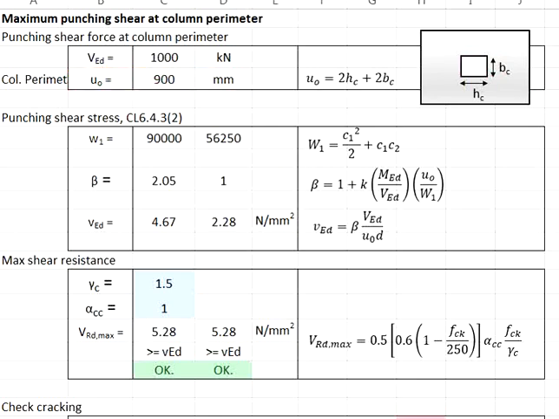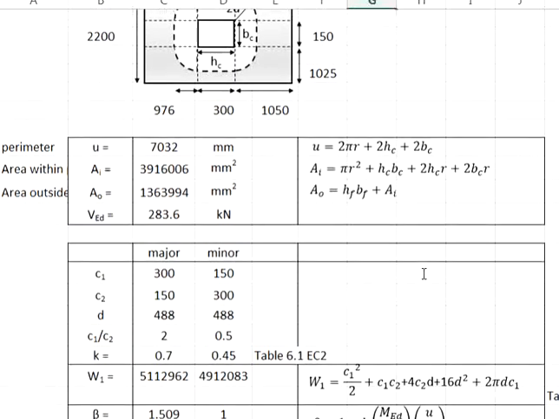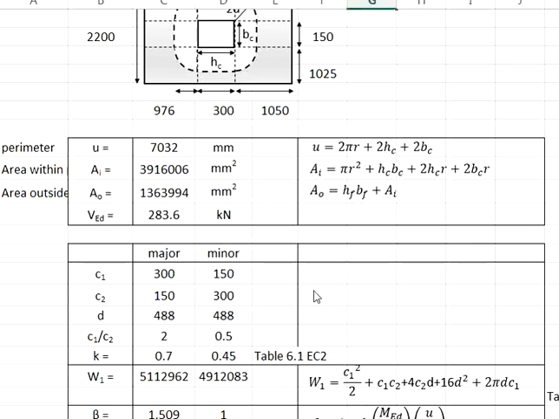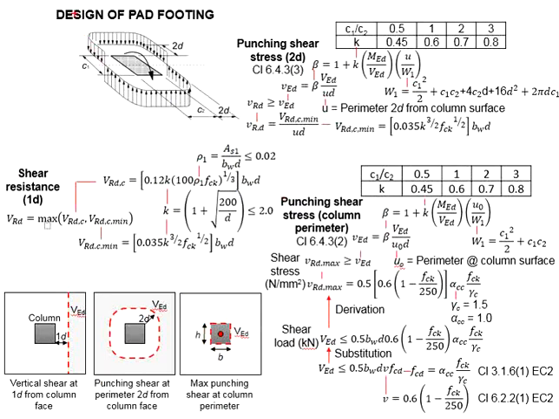And then we need to calculate the W1. W1 will depend on the c1 and c2, which we have calculated earlier on when we talked about the punching shear at 2d perimeter. You may refer to this diagram for you to determine the c1 and c2, assuming the moment is bending in these directions.